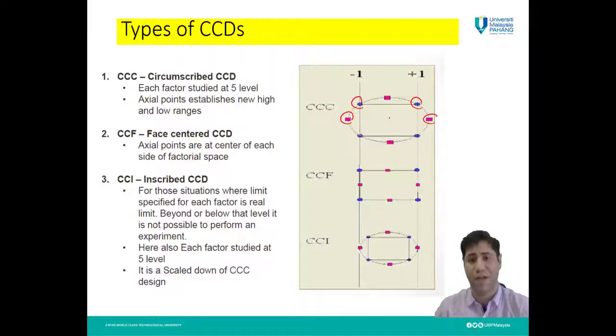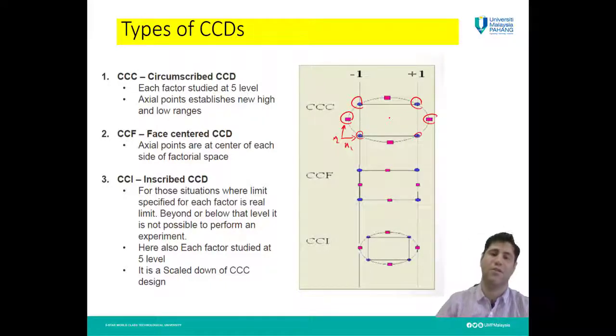In factorial design, high and low are these. For example, for this factor, x1, x2, low and high are these 2 levels for factorial points, but when we add the axial points, it changes to these 2 points, the extreme low and extreme high in this CCD, which we call CCC.